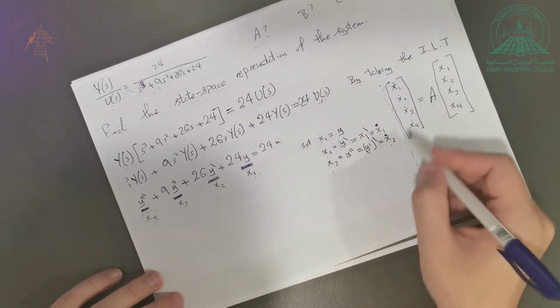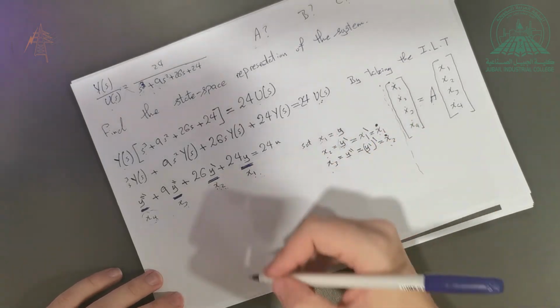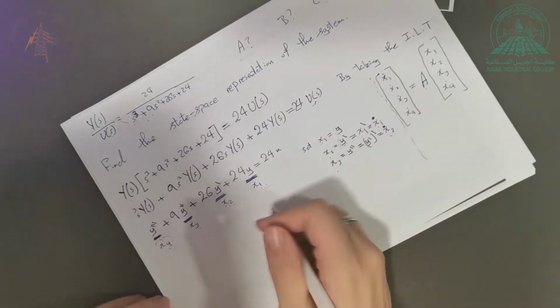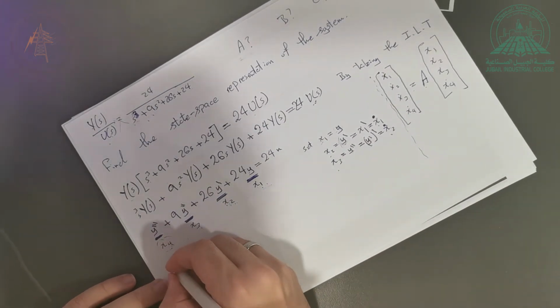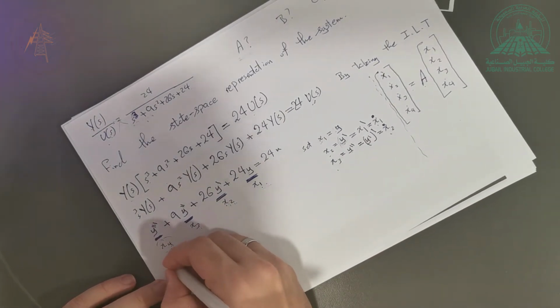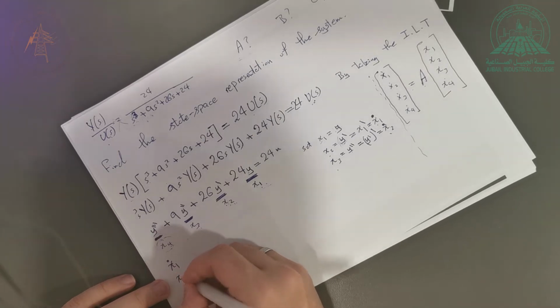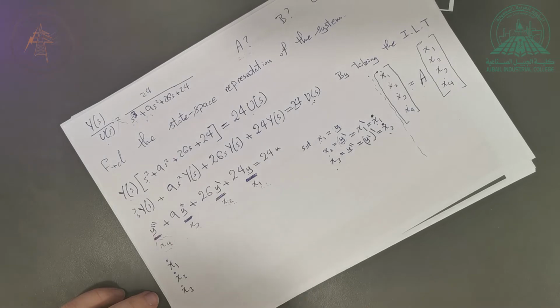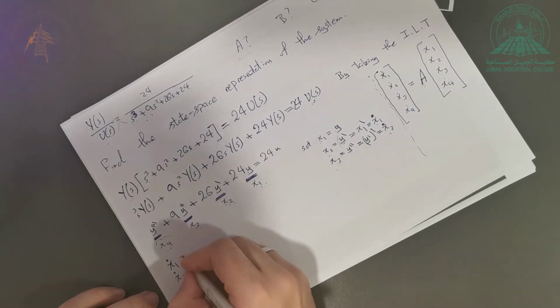Why is that important? Because by having these, now I can almost write the state equations. So what I'm going to write here, I have x1 dot, x2 dot, x3 dot. Remember the state equations, this is what I need. Right?